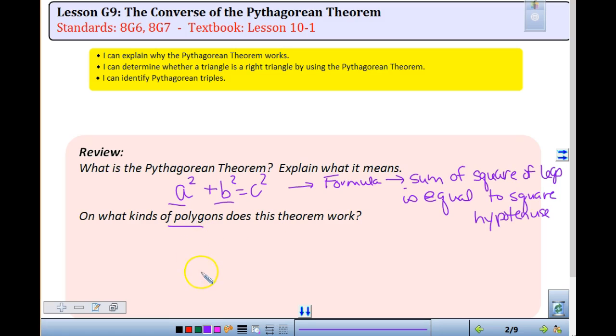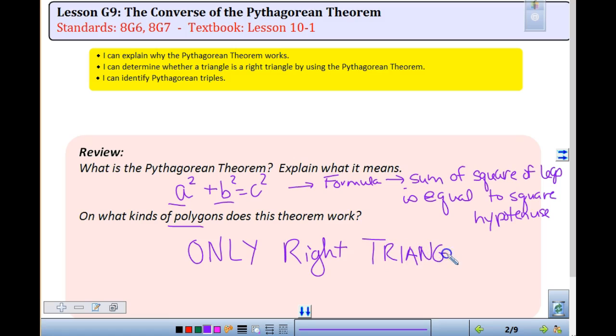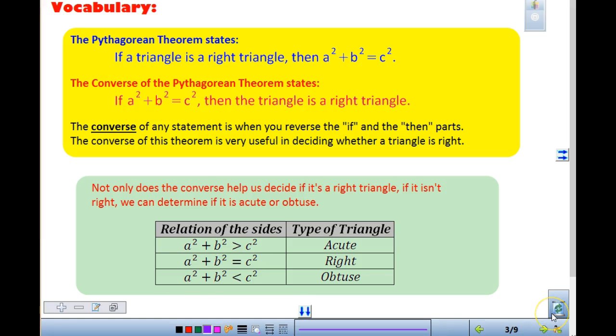More specifically than just triangles, we want only right triangles. It does not work for all triangles, and we're going to see that today when we look at what's called the converse of our Pythagorean theorem. Only right triangles, only if we have a right angle.